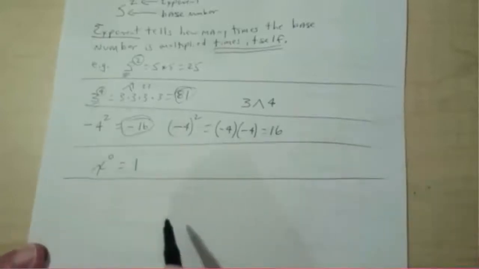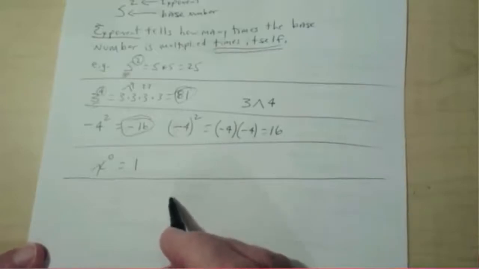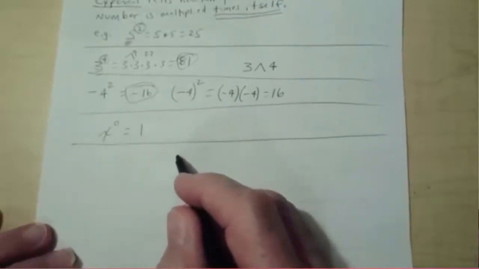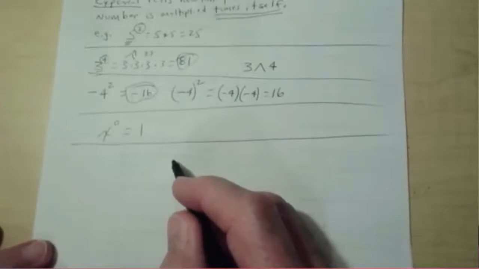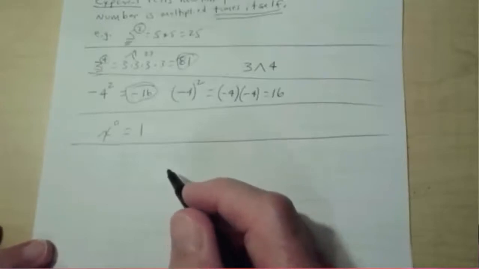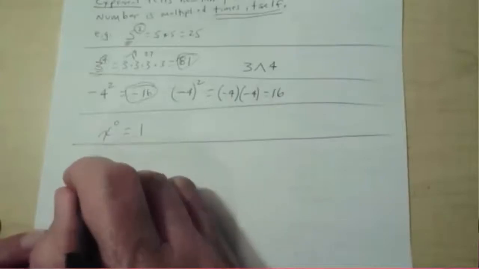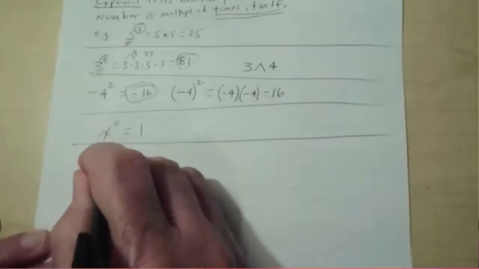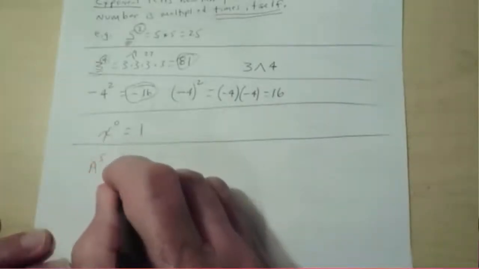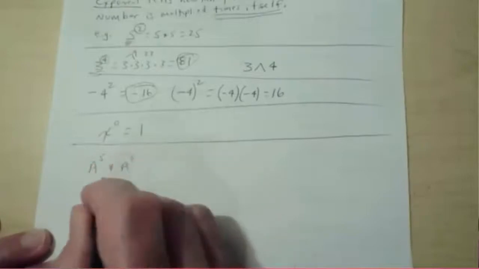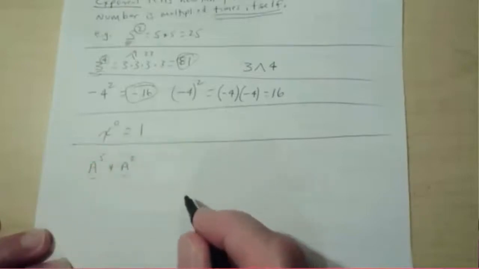I think I sent everybody a sheet on all the rules for exponents and all that stuff. But if the base numbers are the same, for instance, a to the 5th times a squared, base numbers are the same.